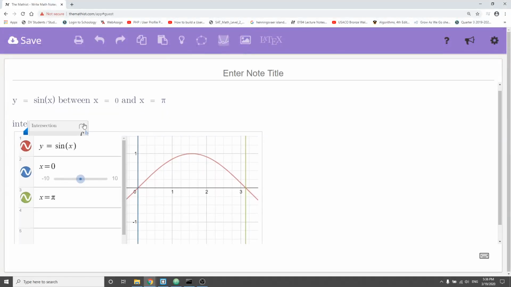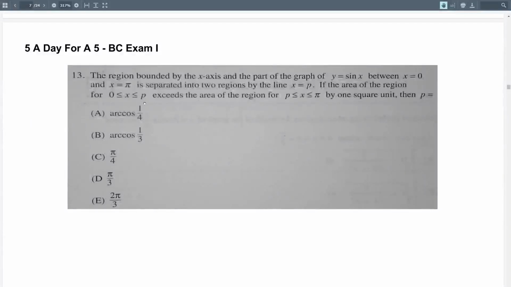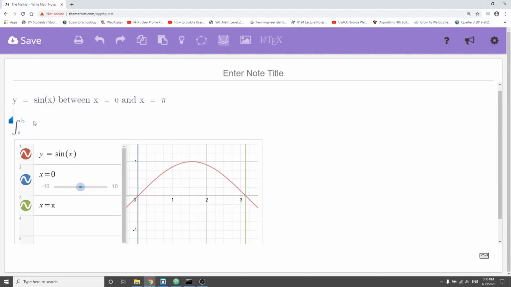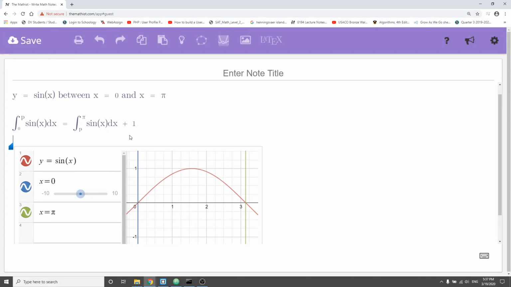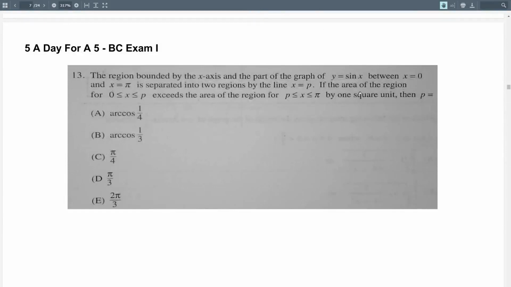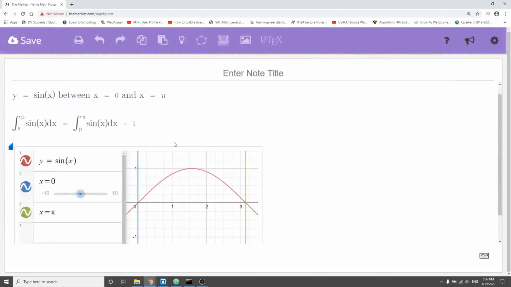Well, if you write this out, the integral from 0 to p, so that's going to be the area for there, of sine of x dx is going to be equal to the integral from p to pi of sine of x dx plus 1, because the area from 0 to p is greater than the area from p to pi by 1 square unit, right? So that's what that means right here.